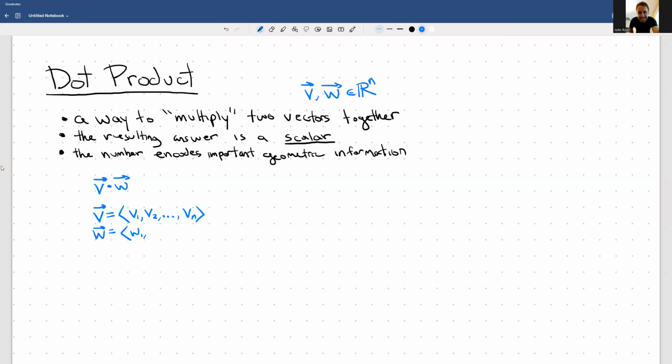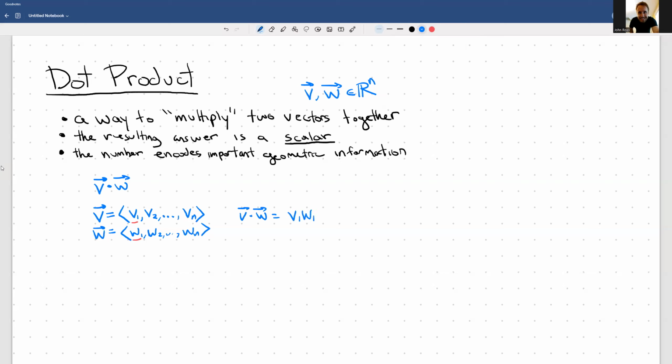So it's got w1, w2, up to wn. Then when we multiply them together, we take v dot w. We're going to do this as follows. First, we are going to take the first component of each vector. So that's v1 and w1. And we're going to multiply those together to get v1 times w1.